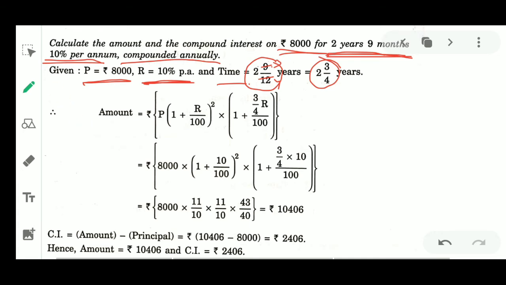Now write down the formula here. Amount equal to P into 1 plus R by 100 whole to the power 2, that is years, into 1 plus 3 by 4 R by 100. This is for the months. Clear? Now put the values of P and R. Here P is 8000, and here R is 10% per annum, and this is also 10.